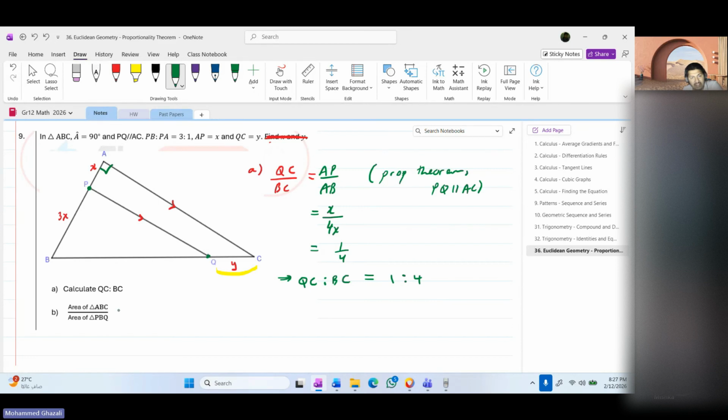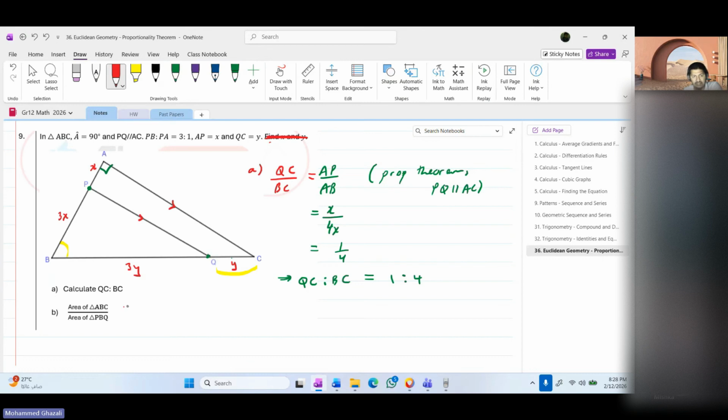Now, area of triangle ABC, the entire big triangle, to the area of triangle PBQ. Obviously, you can't draw the same altitude because this small triangle is sitting inside the big triangle. So you've got a common angle here. Because this is y, you need to make this 3y.